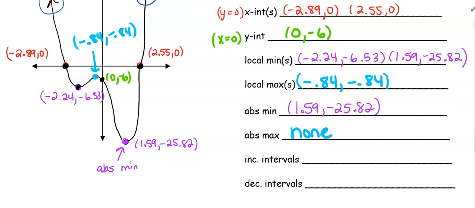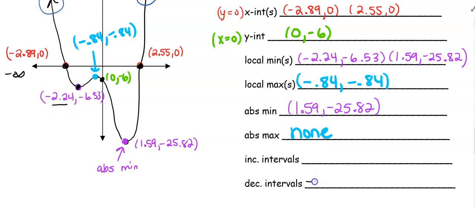All right, then we have our increasing, decreasing intervals, our favorite part. We always start on the far left, negative infinity. I'm going to my first turning point, and my line is going down, so this is going to be decreasing.